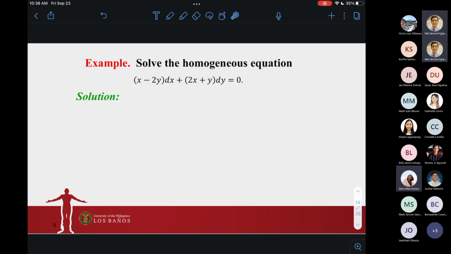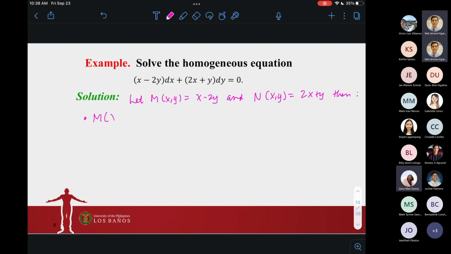Right? Pero dapat sila ay homogeneous muna. So if we will let M to be equal to x minus 2y and N of xy be equal to 2x plus y, then we have the following.